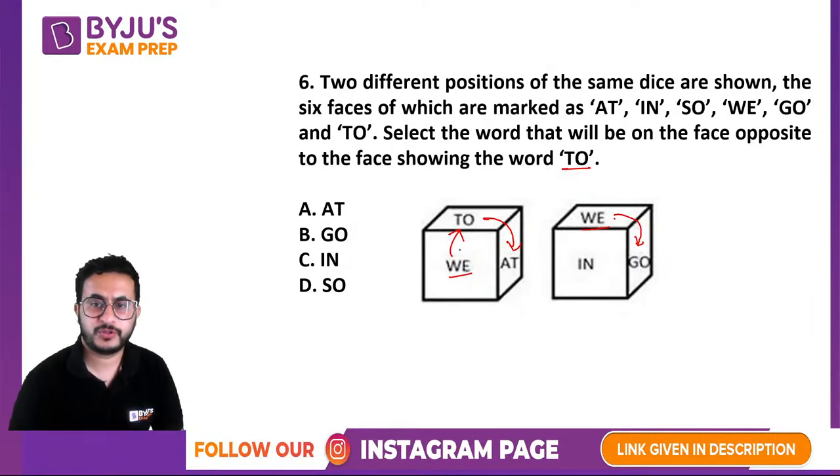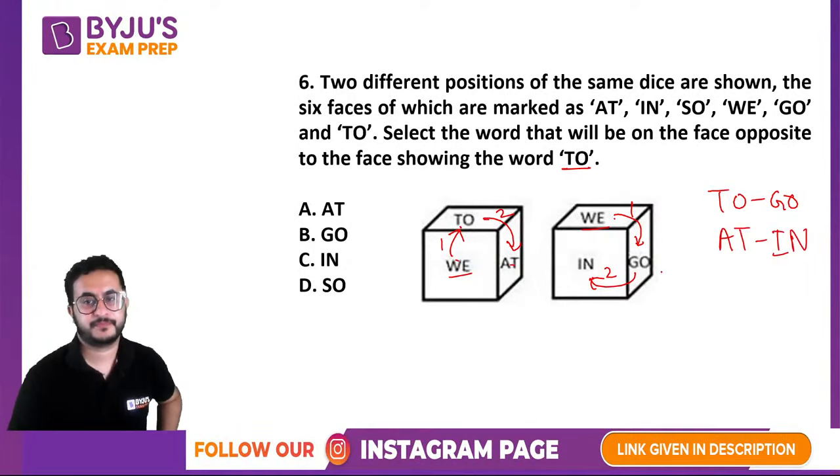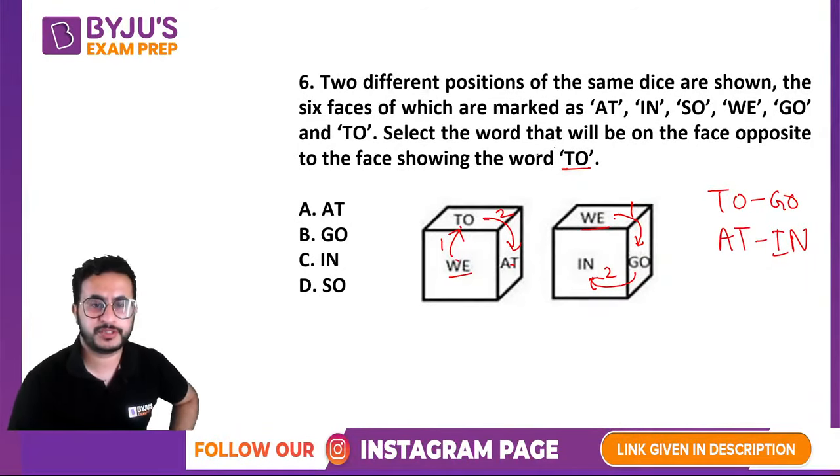So if we are going from V to 2, that is the first one, so 2 will be opposite to go, and the second thing is in. And here the second one is, this is first, this is second, this is first, this is second. So add will be opposite to in. Okay, so we have opposite to 2 is go.